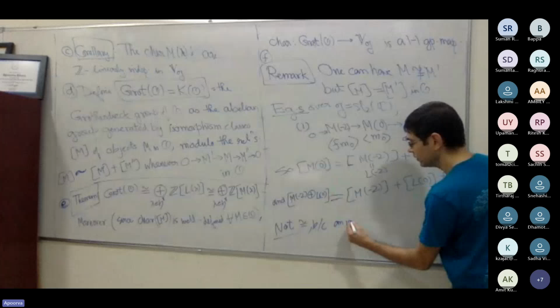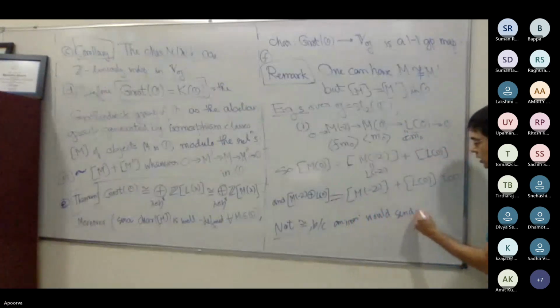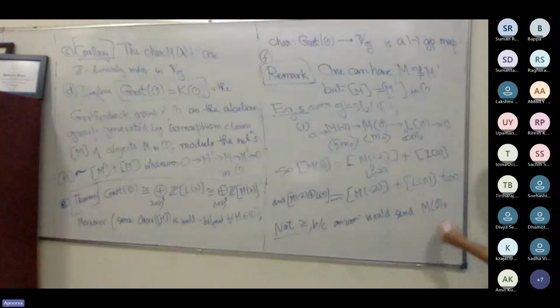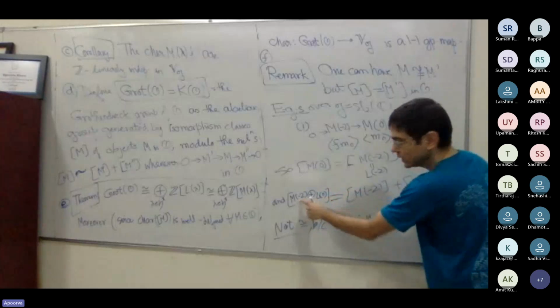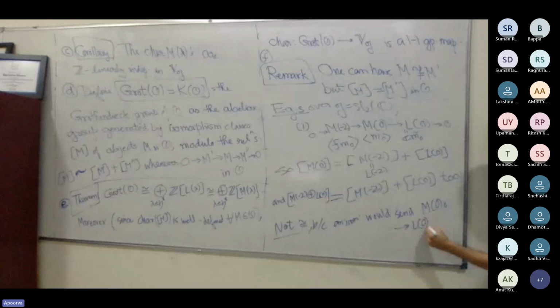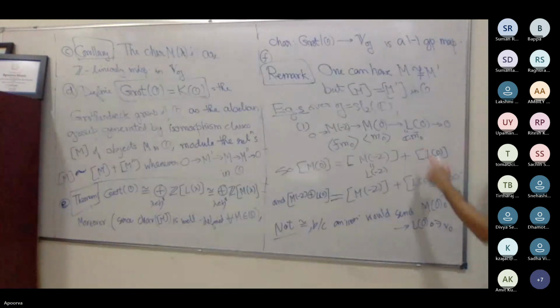It would send M0 to this module with the 0 weight space, but there is no 0 weight space here, so it is just the L0. But then if you take the generator here, M0, and call it M0 bar.